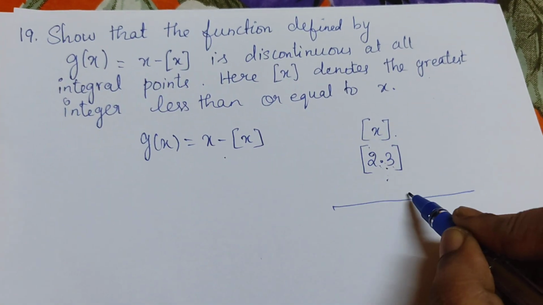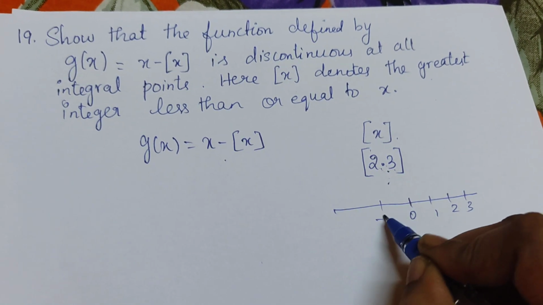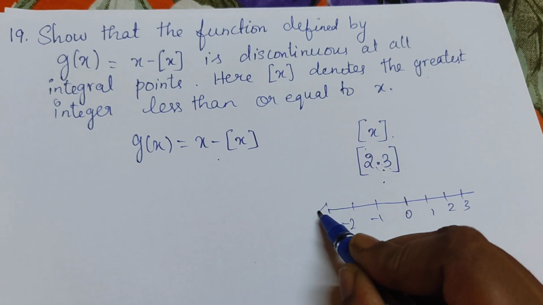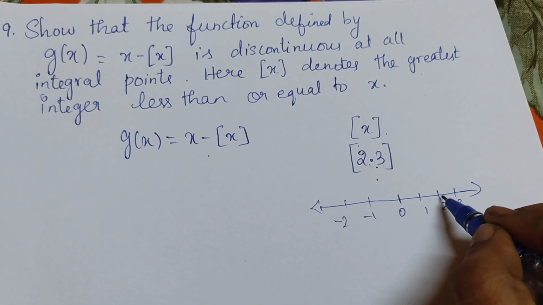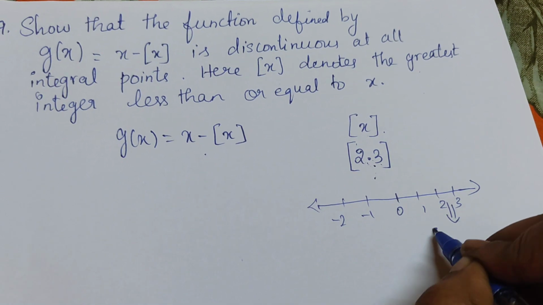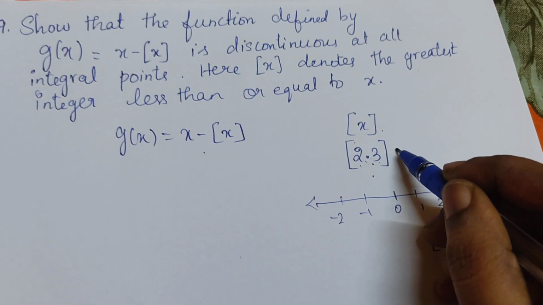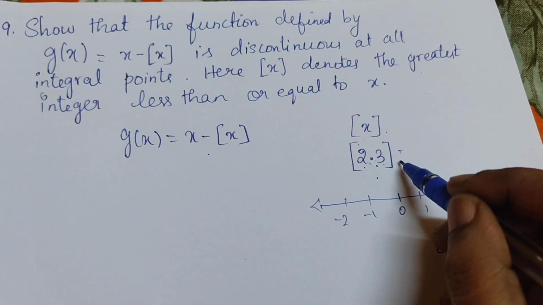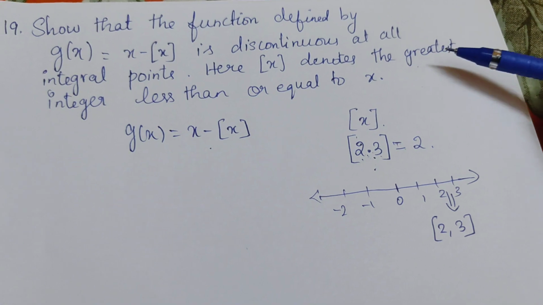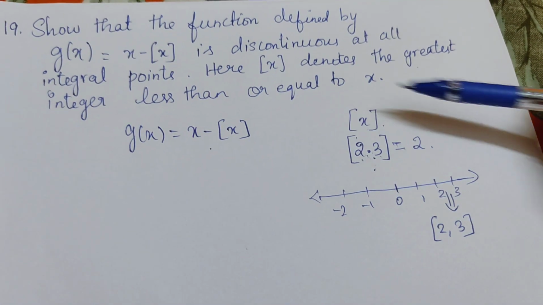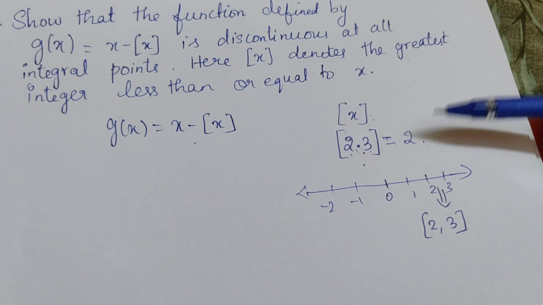Even if we draw a number line, 1, 2, 3, minus 1, 2.3 is in the interval 2 to 3. Its box value will be 2, because according to the definition it is the greatest integer less than 2.3, which is 2.